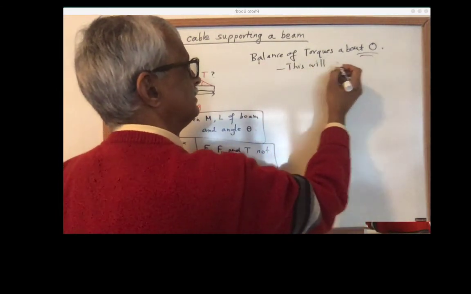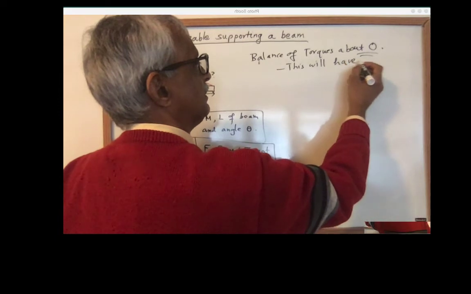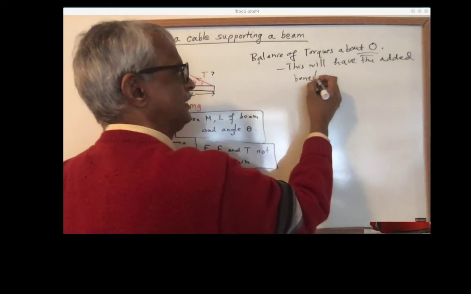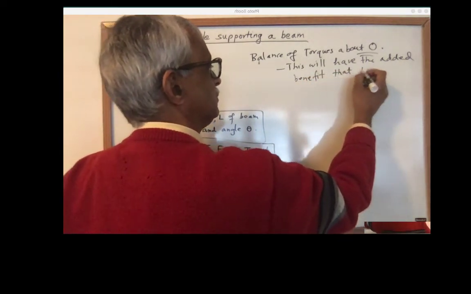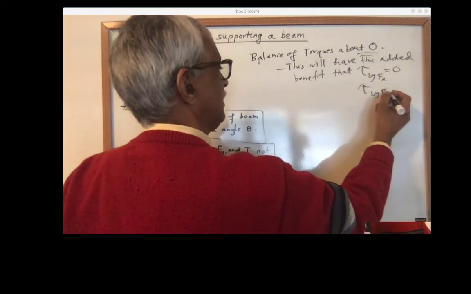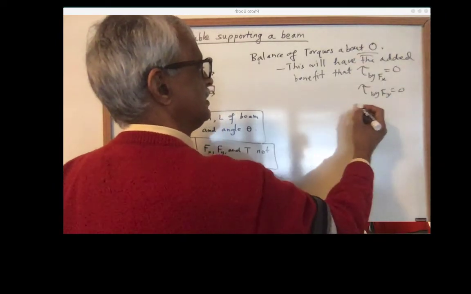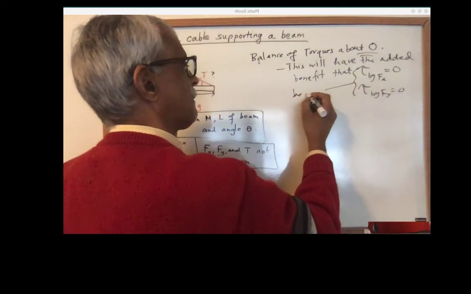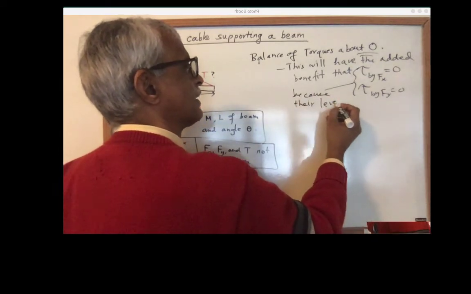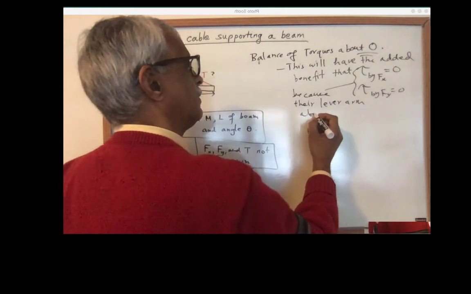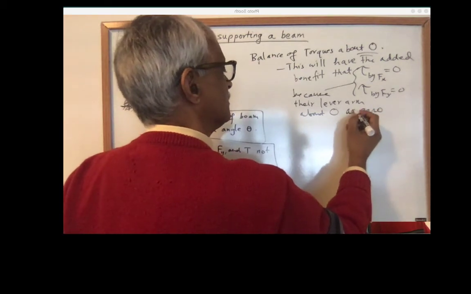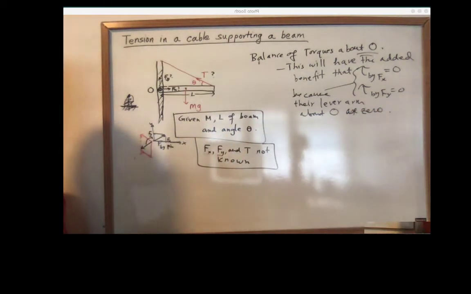This has the added benefit to our calculation, that the torque by fx equals 0 and the torque by fy equals 0, because their lever arm about O is 0.